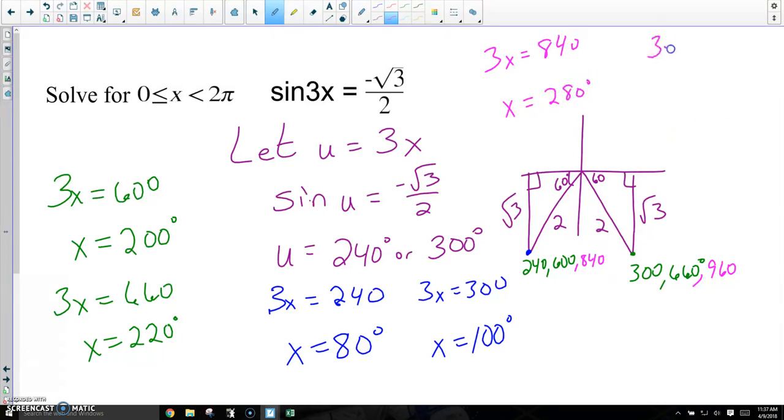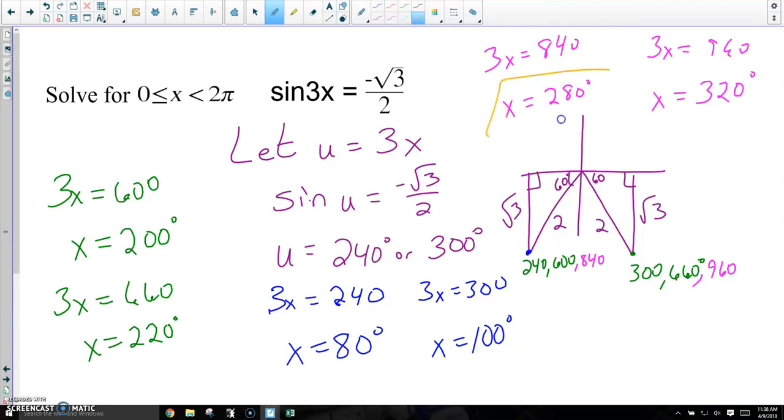Set 3x equal to 960. I get 320 degrees. You notice if I add 240 to 840, I get 1,080. If I take 1,080 divided by 3, I get an answer bigger than 360. So that is where my answers stop.